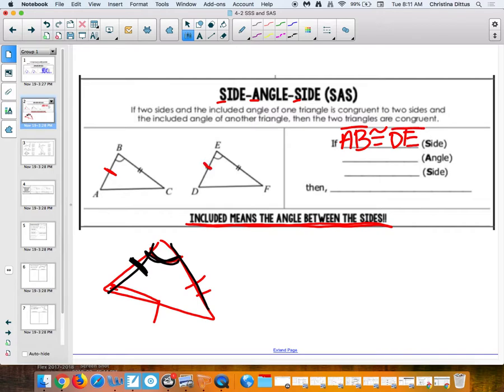So there's a side, well, SAS, so side, I need an angle next, so I got angle B is congruent to angle E. So I got side, I got angle, now I need side. The next side is BC, and it's congruent to EF.